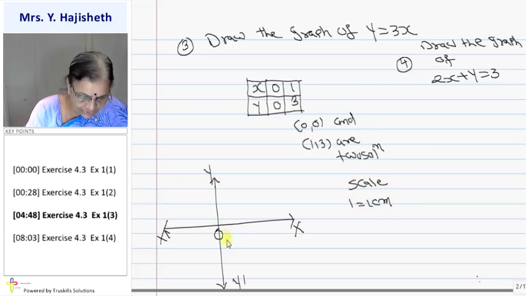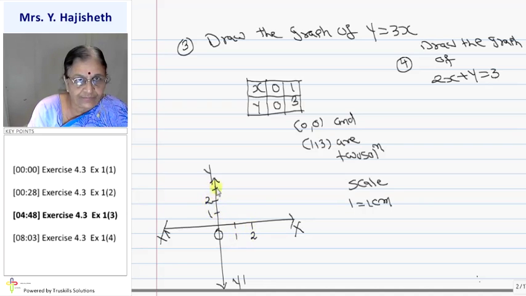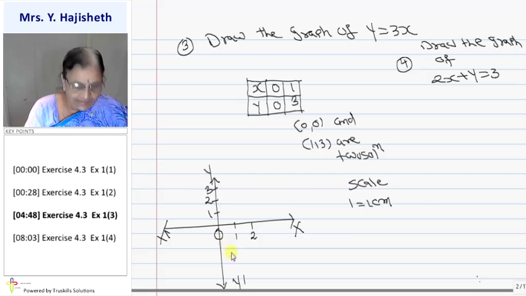So I write here 0, 1 and 2. Here I will write 1, 2 and 3. Here I write -1, -2 because maximum value of x is 1 and maximum value of y is 3 in table. Here is -1, -2.